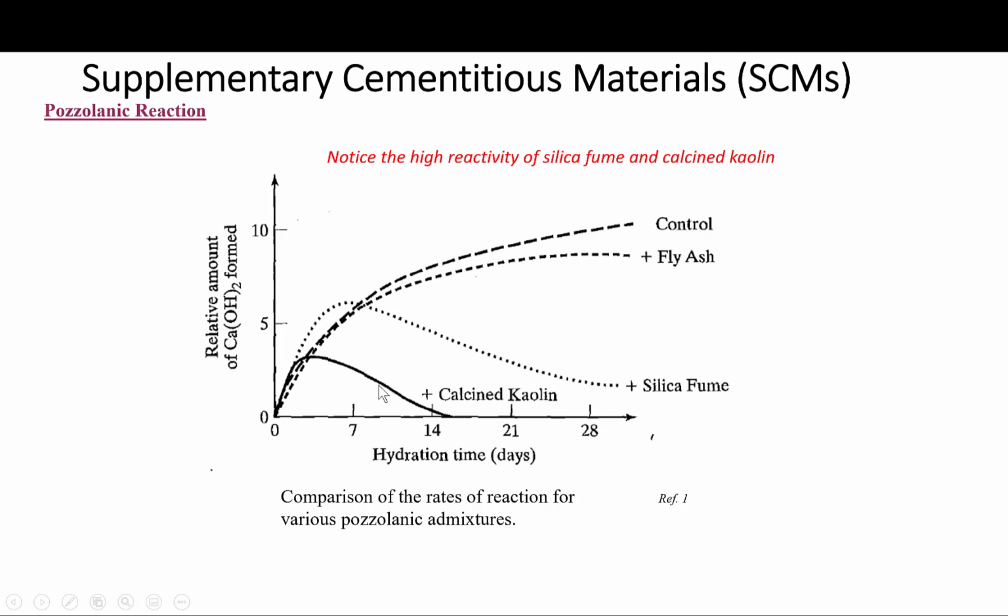So basically, look at the case of silica fume versus fly ash, where the consumption of the calcium hydroxide is much, much higher. The case of metakaolin being the highest, of course. I'll explain why in a bit. So basically what you take away from this is the high reactivity of silica fume and calcined clay.